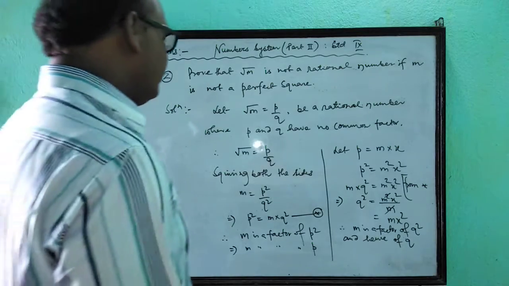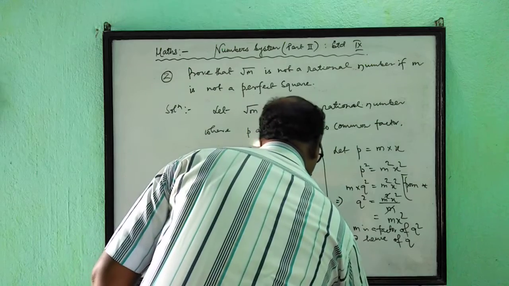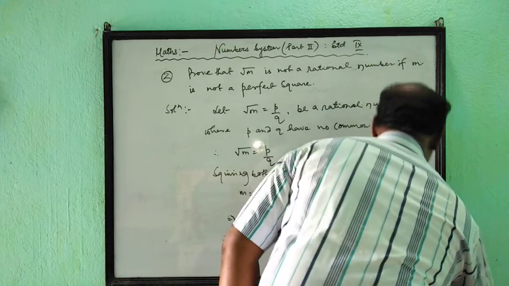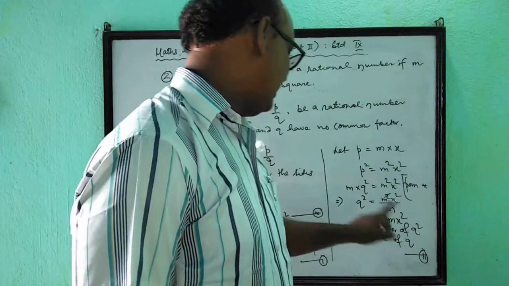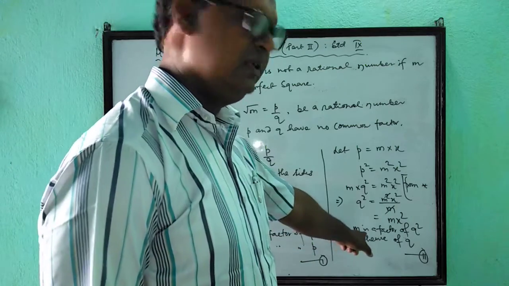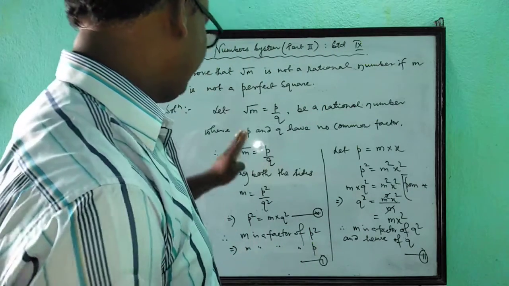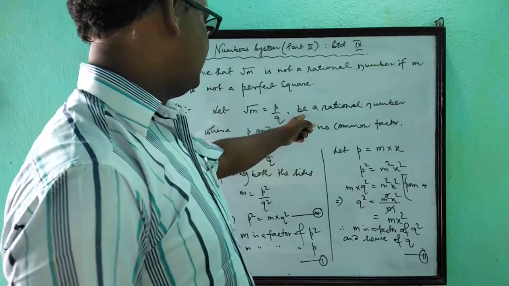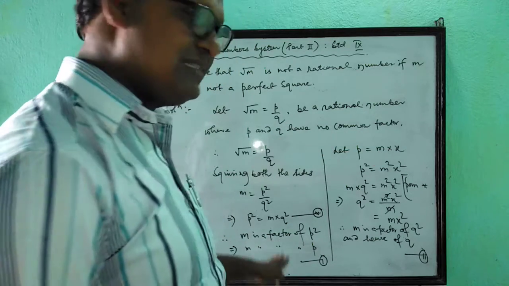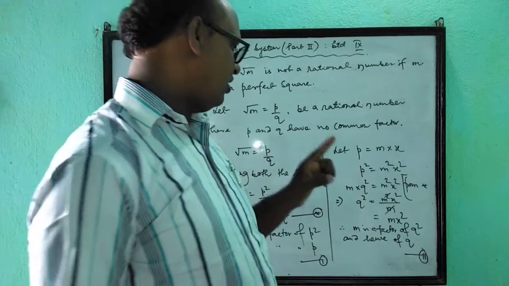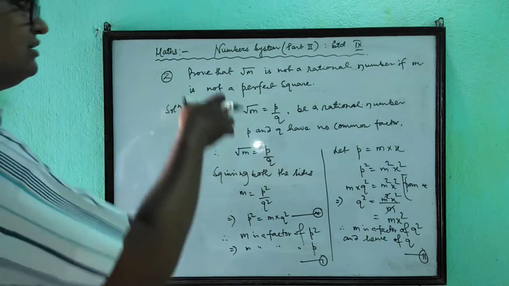Therefore, from equation 1 and equation 2, both p and q have a common factor m. m is a factor of p and m is also a factor of q. But we assumed p and q have no common factor, and in the result m is a common factor of p and q, which is a contradiction against our assumption.